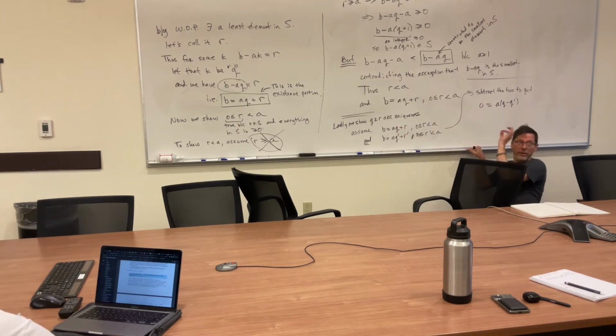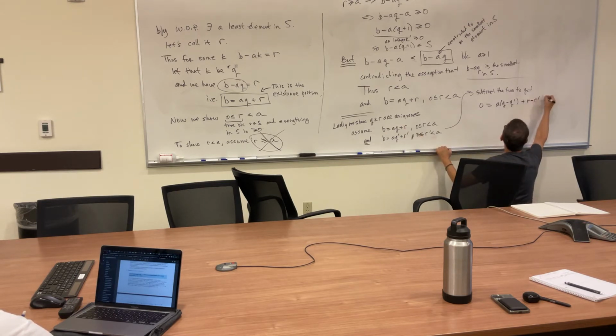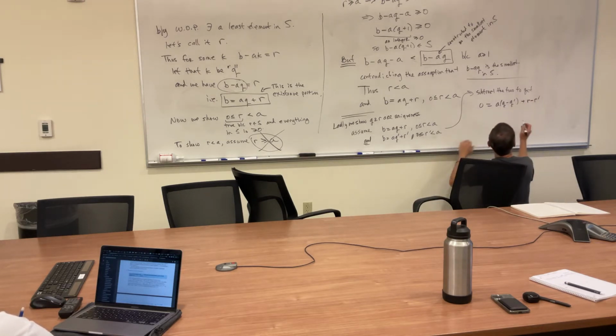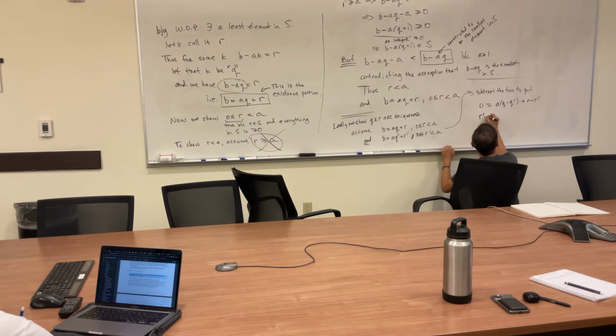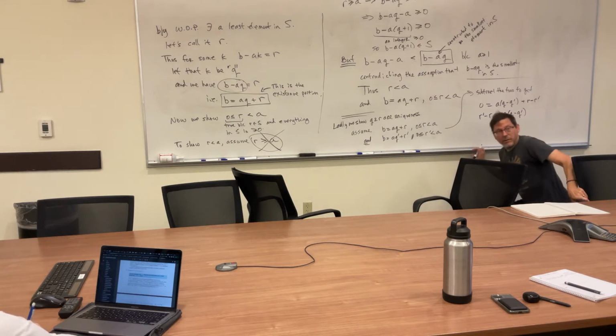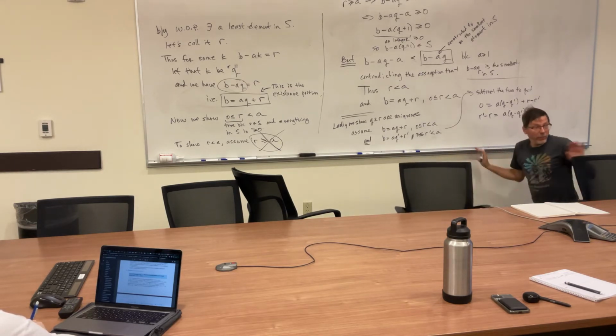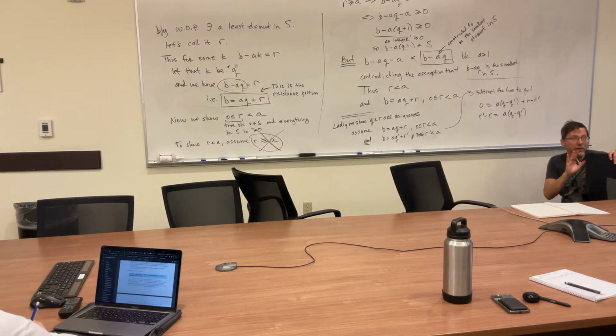Just think distribute that A, and then I've got plus R minus R prime. Now I'm going to shift this to the other side, so I'm going to have R prime minus R equals A times Q minus Q prime. And I'm going to slap absolute values on here.